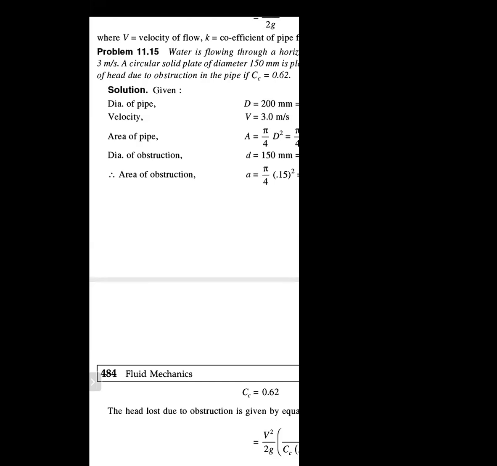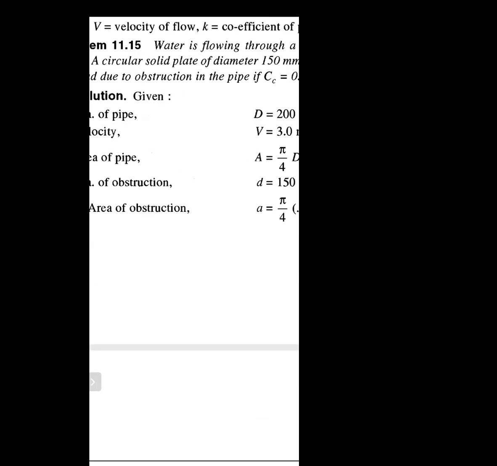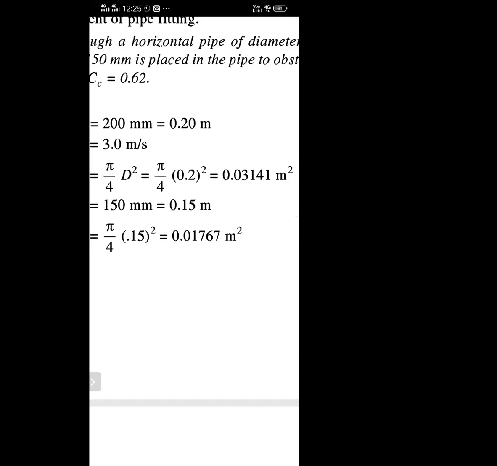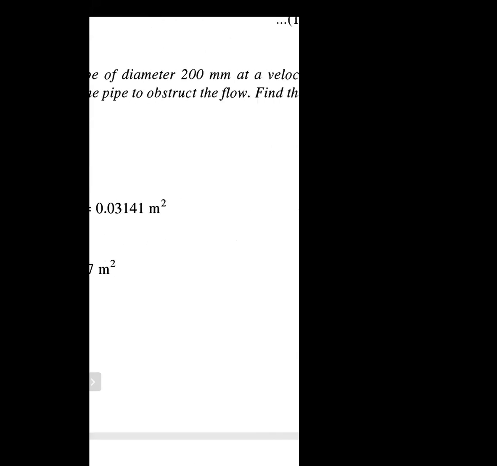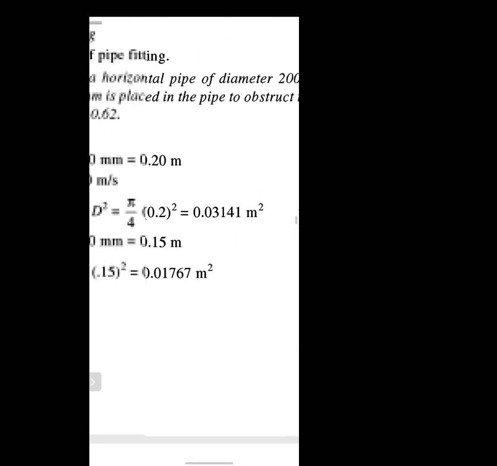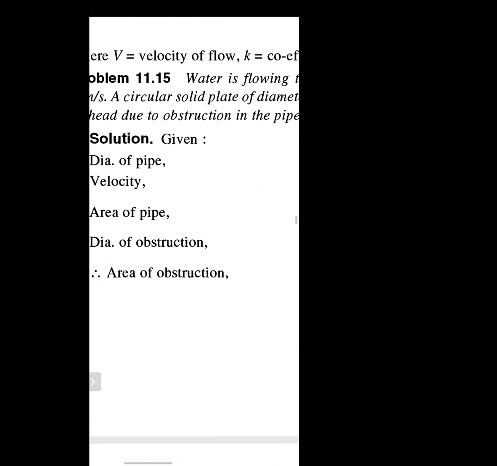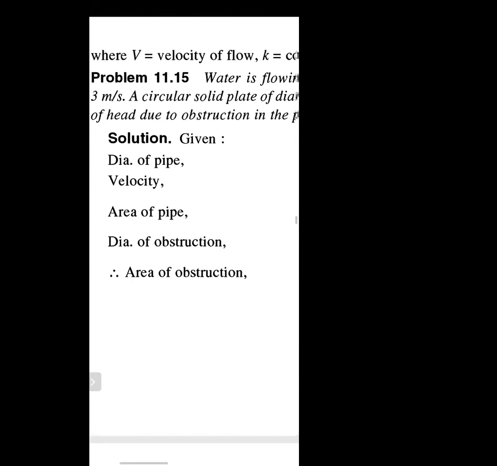First problem: water is flowing through a horizontal pipe of diameter 200 mm, D is equal to 200 mm, at a velocity of 3 meter per second, V is equal to 3 meter per second.